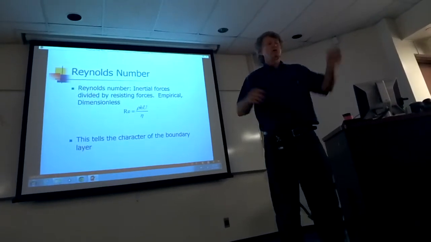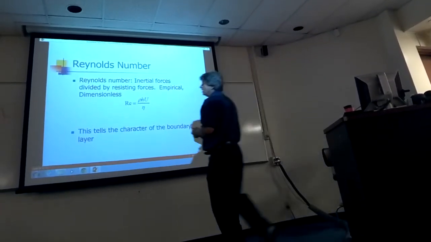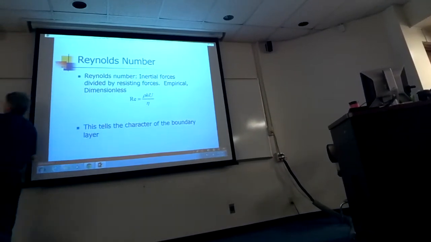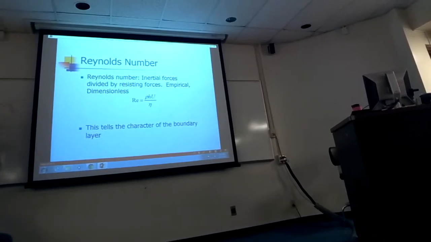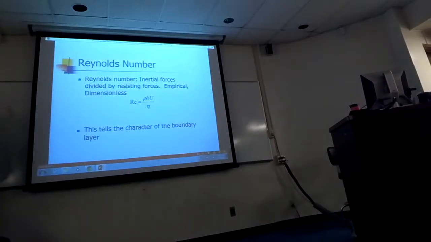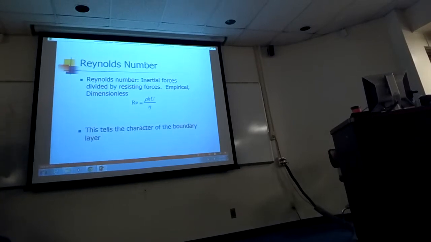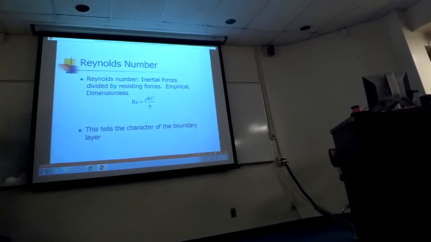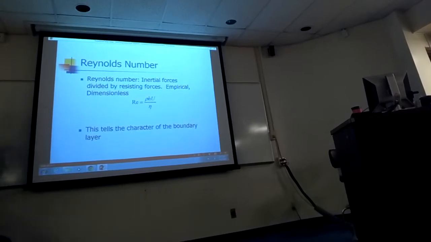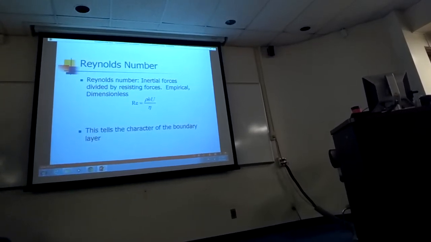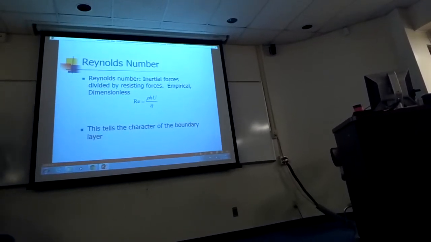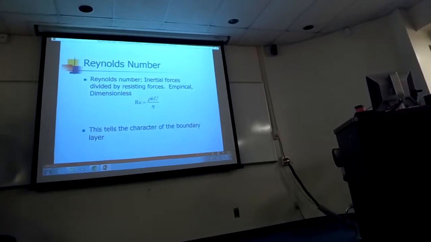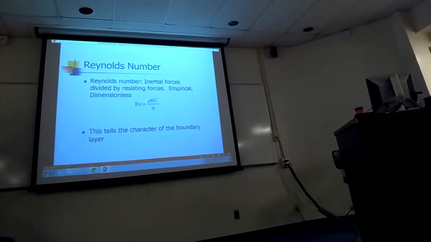So give me the Reynolds number for a river with a depth of 0.5 meters and a velocity of 1 meter a second.